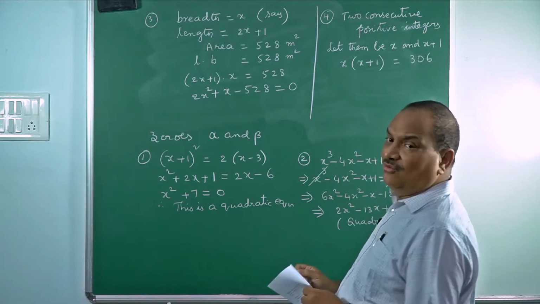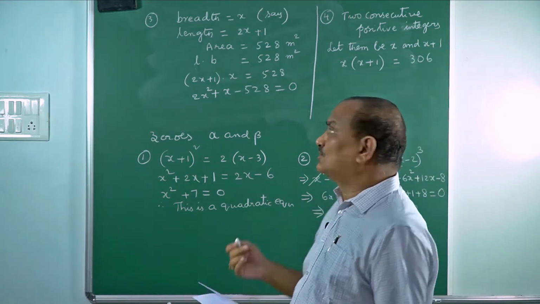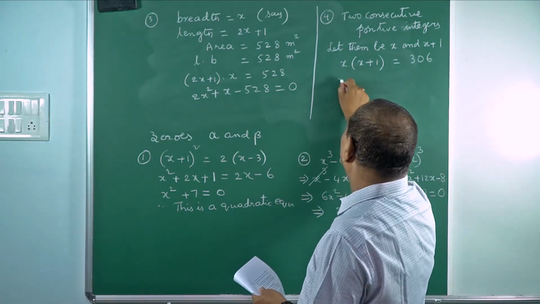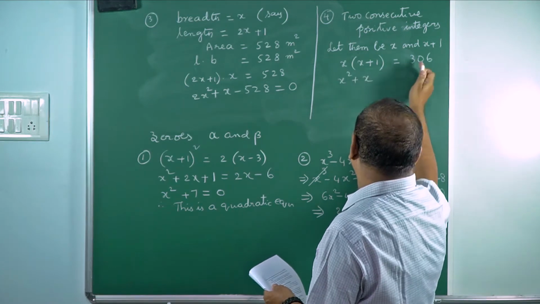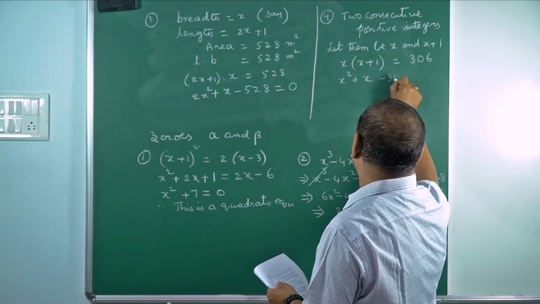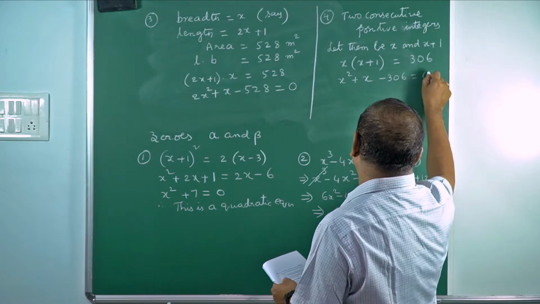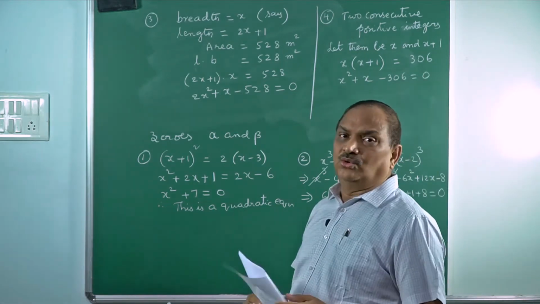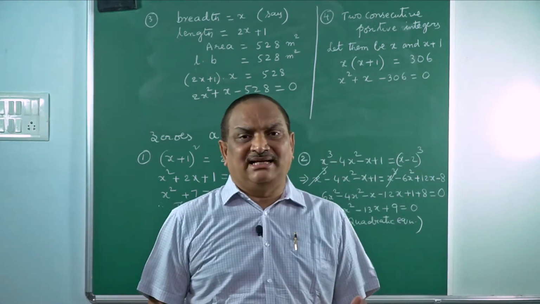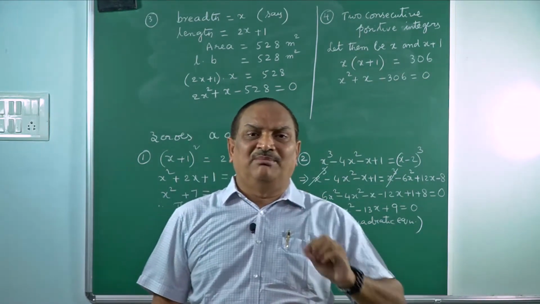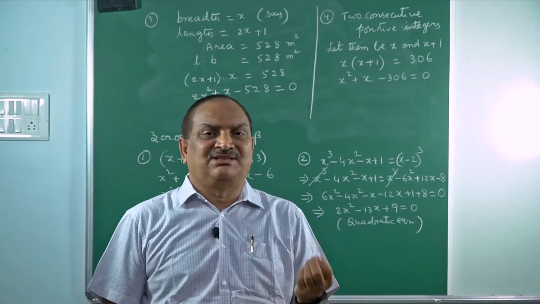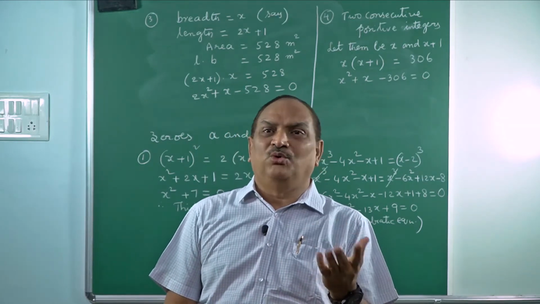306. We're going to get a quadratic equation. Of course, x times x is x square, x times 1 is x. Bring this 306 this side. That's it. This is a quadratic equation. So you can imagine, this is somewhere around 306. You should have two numbers, something like 15 times 16. Probably you may have 240.